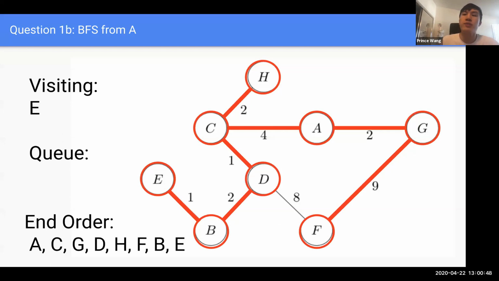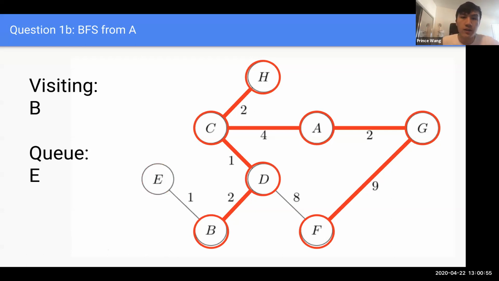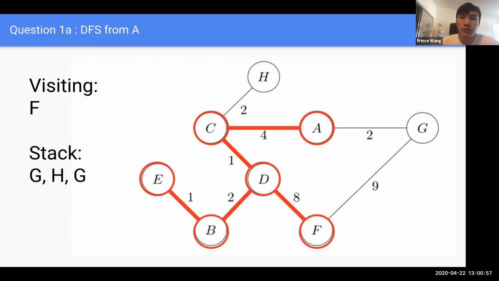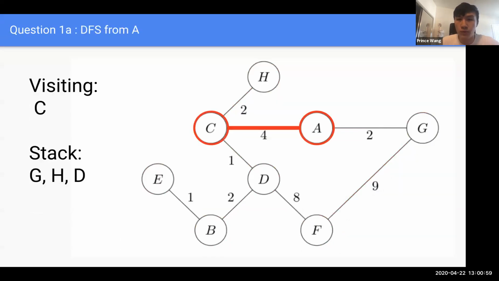So it's always going to depend on how you break ties. Even DFS can be different, right? If I say I want to break ties in DFS with reverse alphabetical order, then instead of visiting D, I'm actually going to visit H first, right? And that's going to be a different order of visiting.